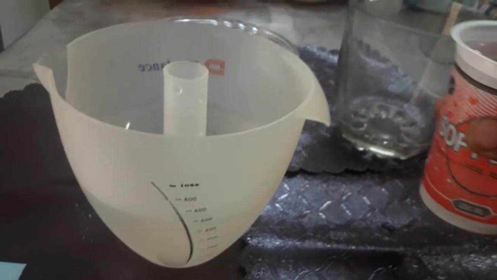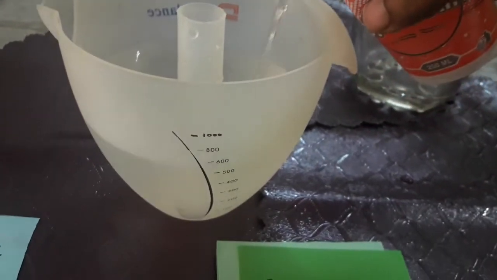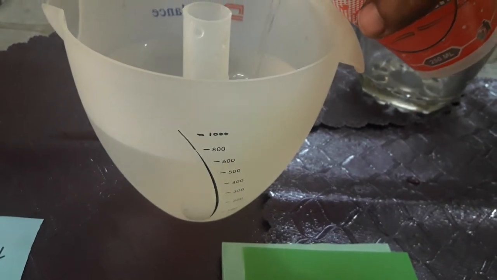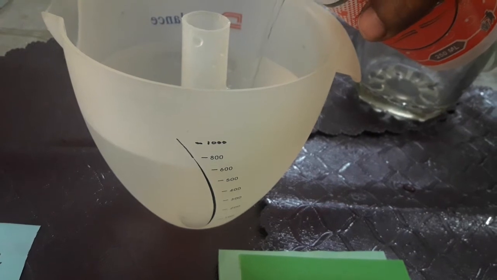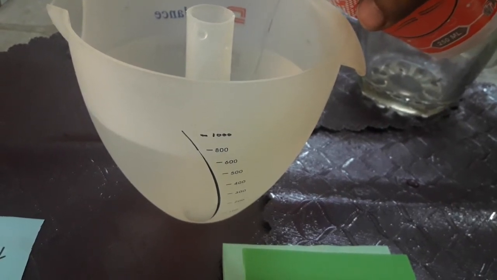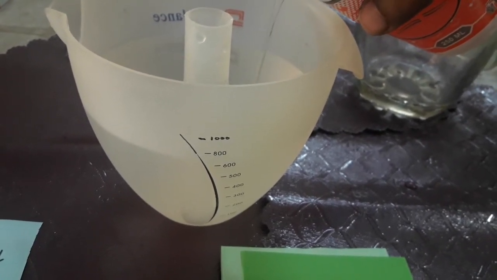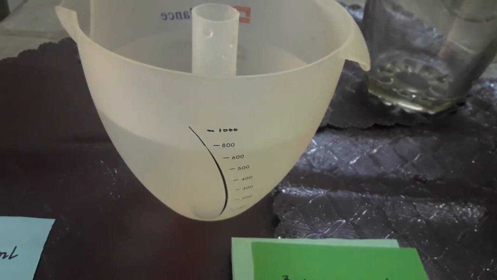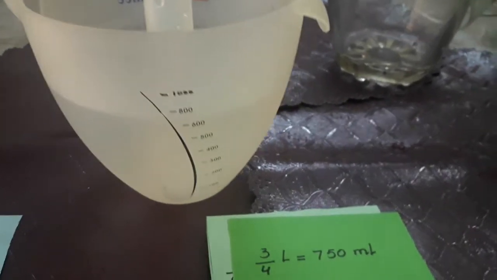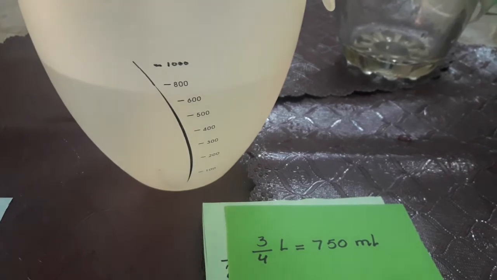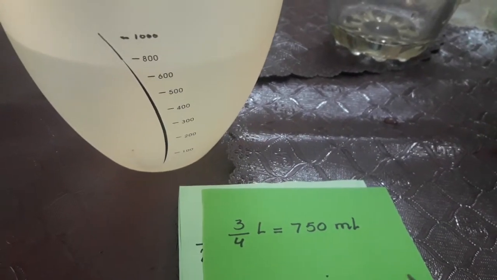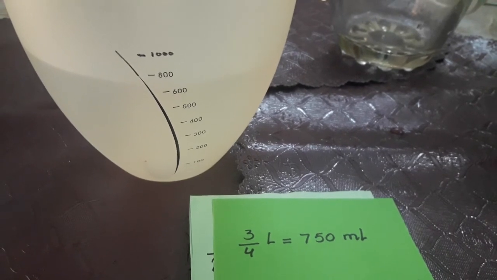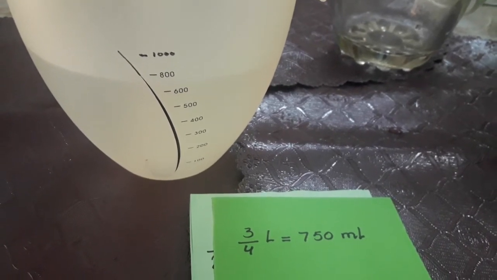Again I will take this glass. Students, you can see it becomes 750 ml. Okay, 3 by 4 liter is equal to 750 ml. So now this is the third part.